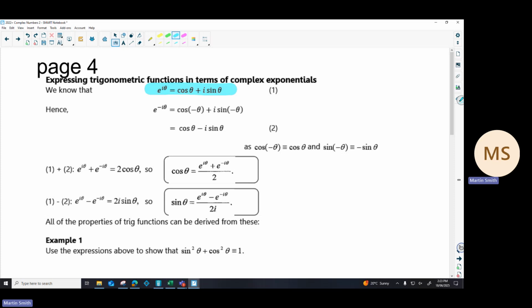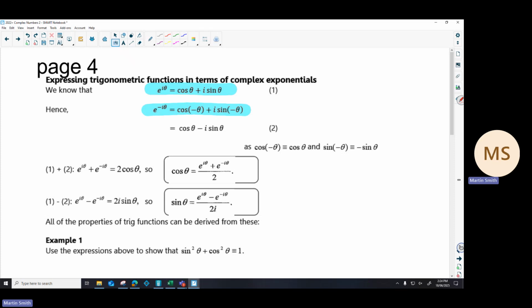So e to the i theta is cos theta plus i sine theta. If you replace theta with minus theta on both sides, you get e to the minus i theta is equal to cos of minus theta plus i sine of minus theta.